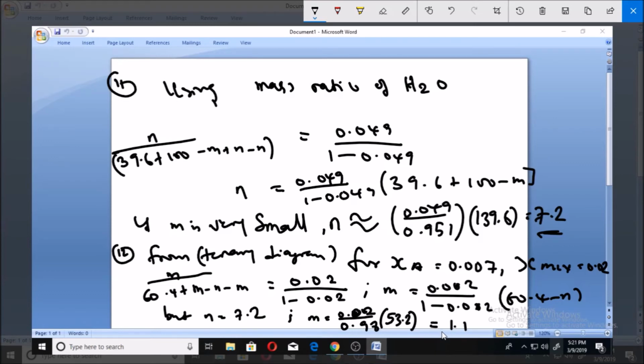So using M as 1.1, if you go and do this calculation again, putting 1.1 here, we'll find, like I told you, you have to adjust whenever you get the revised. We'll find the revised N to be equal to 7.1. That is what we will be using in further calculations. So I'm going to delete this so that I can continue.